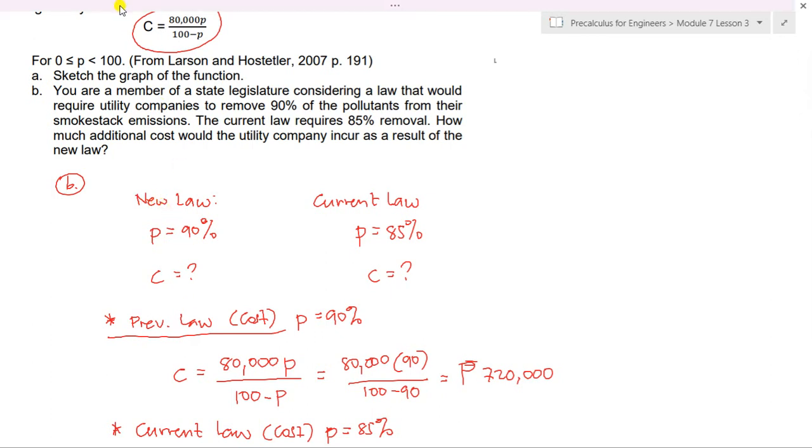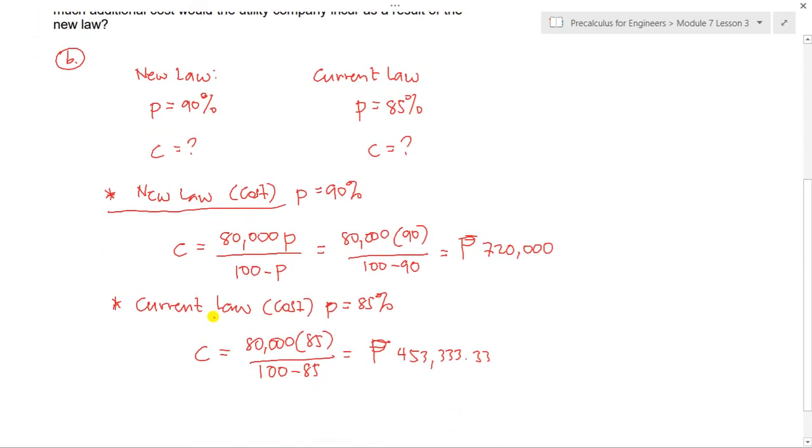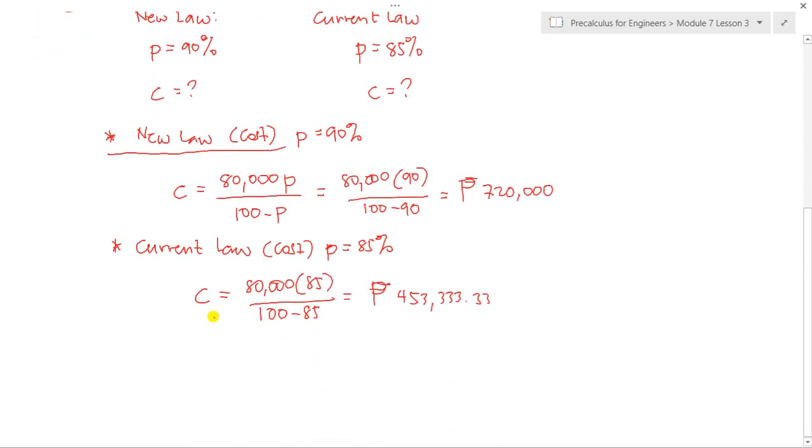Okay, new law kay giingon diri nga member ka sa state legislature. Unya nagplano mo, so inyong plano kay increasean ang percentage removal sa smokestack nga pollutants. So ang new law kay 720,000 na, sa current law ra kay 85% naman, mao na ang 453,000. So pilay inyong additional cost niini?